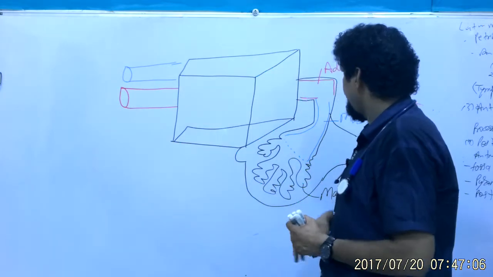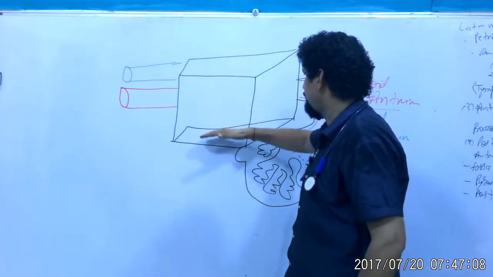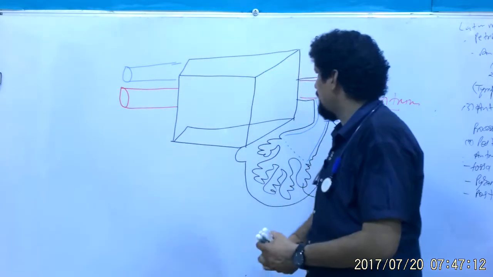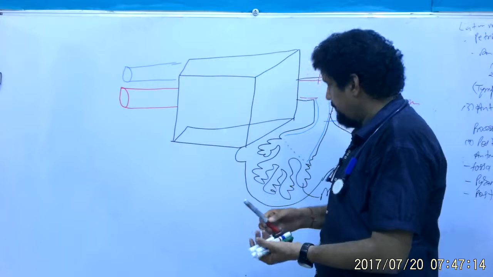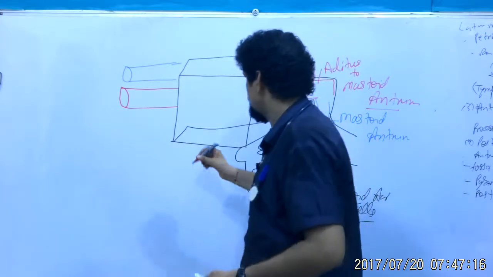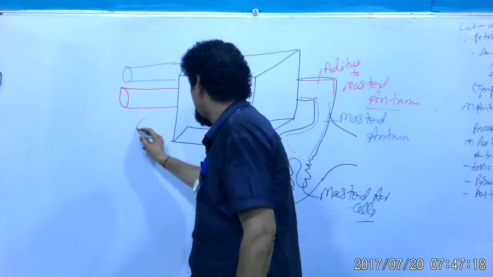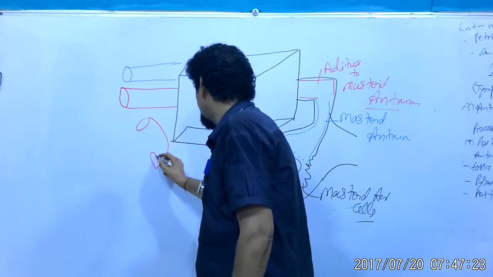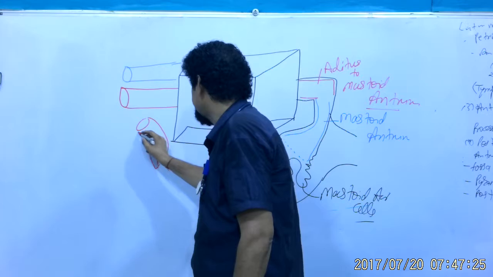So again, the roof, floor, the anterior wall, which is also known as the carotid wall, because this part is related to the internal carotid artery.